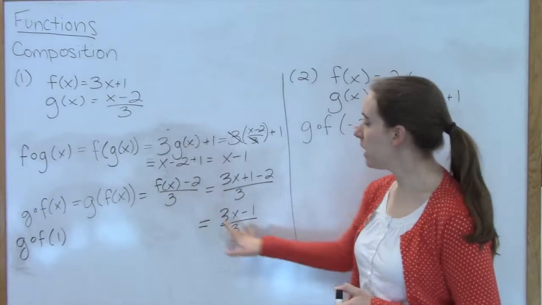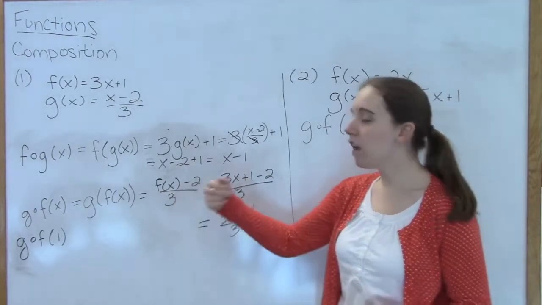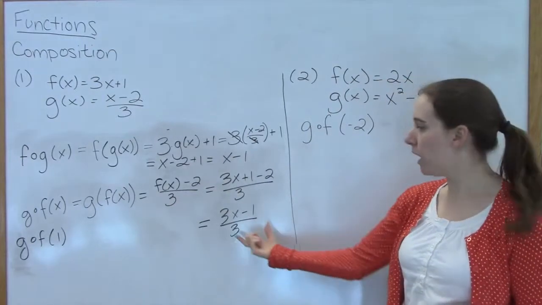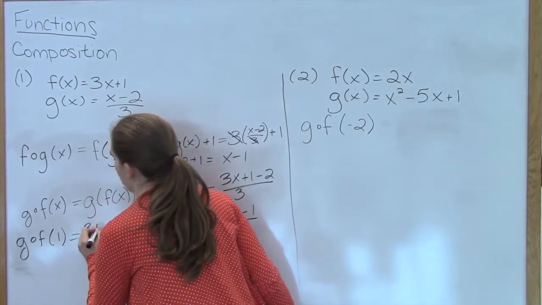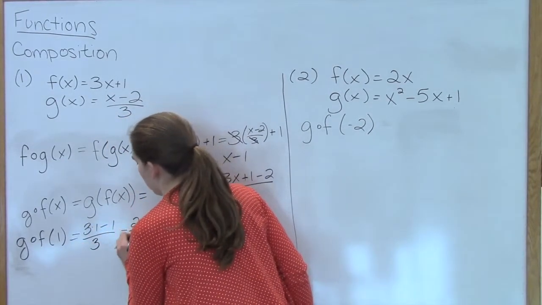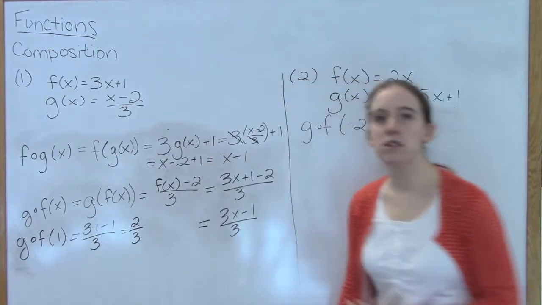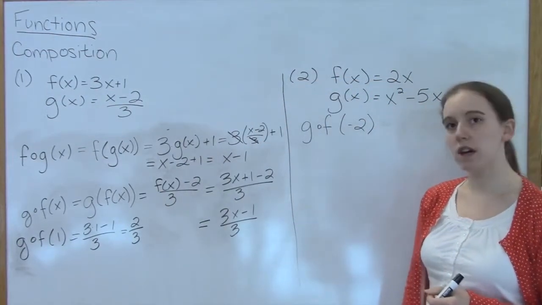So because we already have this nice equation for g composed with f of x, all I have to do is substitute in 1. It's going to be my input. So I get (3 times 1 minus 1) divided by 3. So my answer there will be 2/3. So g composed with f of 1 is 2/3.